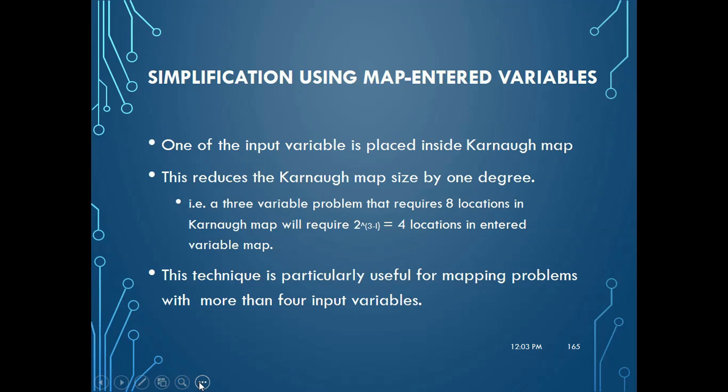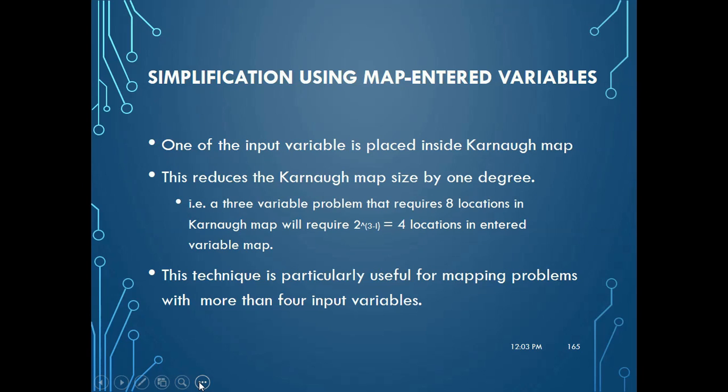As I said in the earlier slides, we have gone through K-map simplification to get the minimum expressions. If you know how to solve a Karnaugh map, you can easily solve map entered variables. This reduces the K-map size by 1 degree.